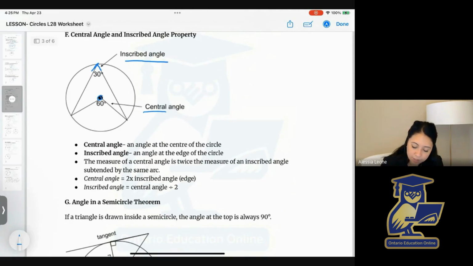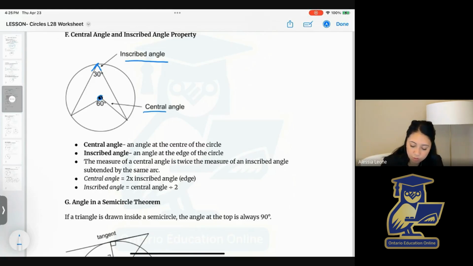Our central angle is an angle at the center of the circle, and our inscribed angle is an angle at the edge of the circle. Now, the measure of the central angle is twice the measure of an inscribed angle. So the central angle will be 2 times the inscribed angle above it.